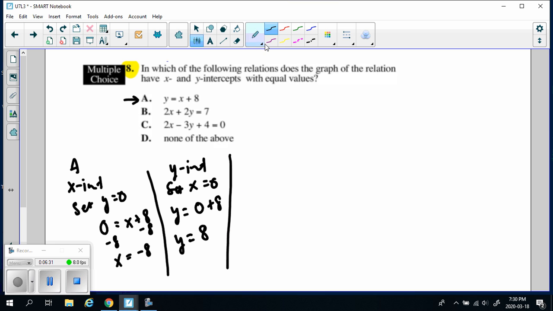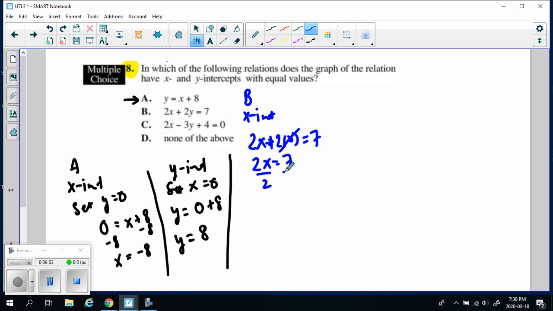We can go and try and do the same thing with B. So B says to do the x-intercept, we set y equals 0. So 2x plus 2 times 0 is equal to 7. So this term knocks out because it's 0, so 2x is equal to 7.